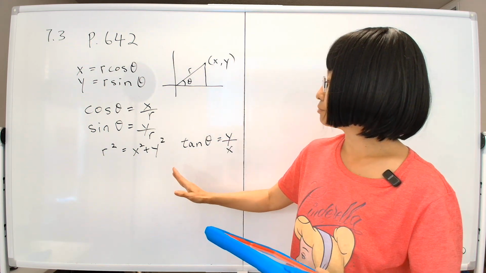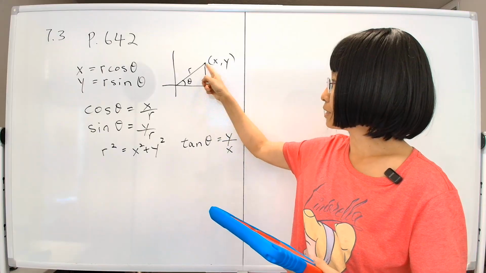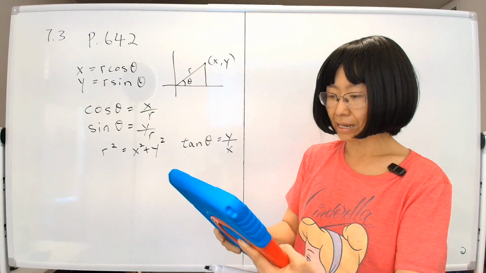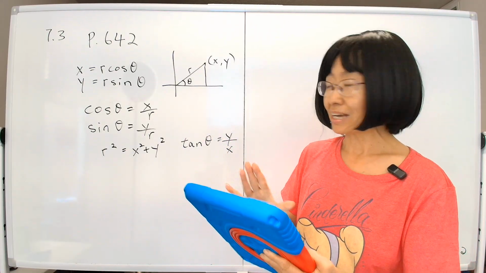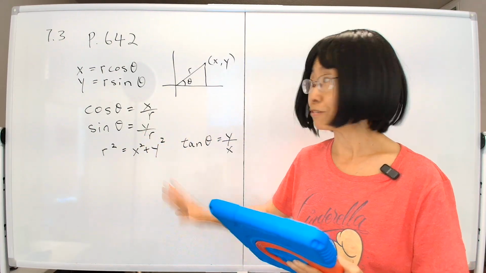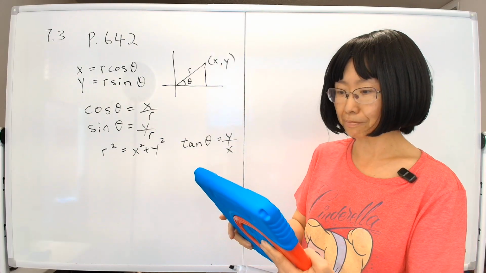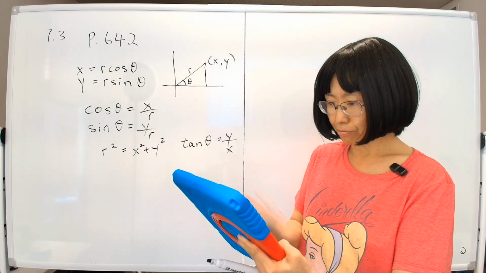The negative value wouldn't work here because it needs to fit this; in part A, it needs to be positive. The point is that you follow this simple formula to come up with the polar coordinate of any point on the plane. So please do example 7.10 as part of your homework.